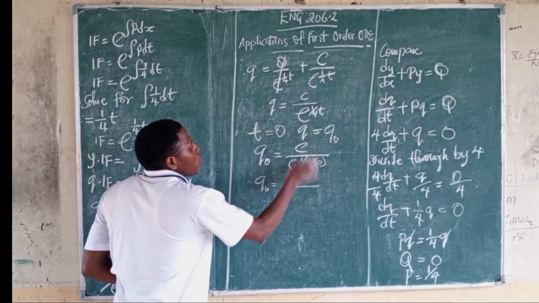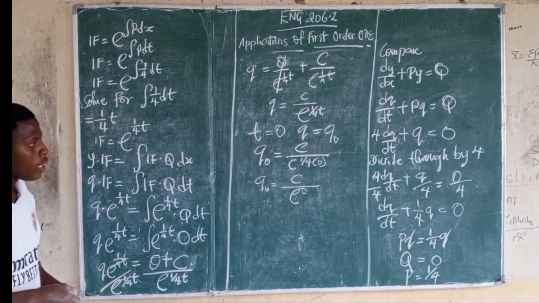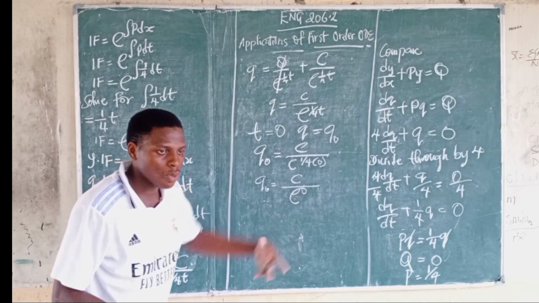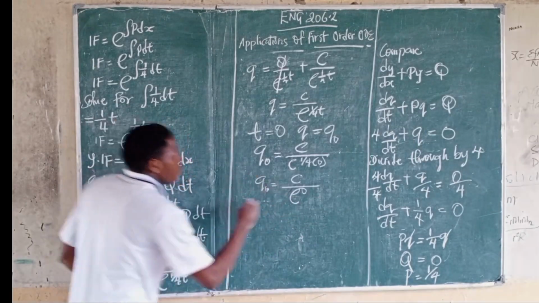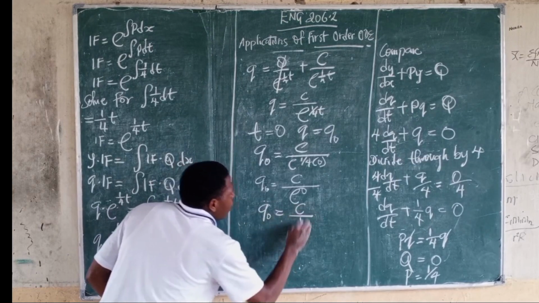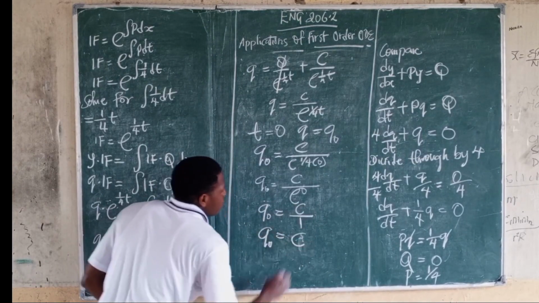Meaning 0 multiplying with what we have here, we have exponential 0. From elementary maths, we know that anything raised to the power of 0 is what? 1. So if you have that, you simply have q naught is equal to c over 1. And q naught is equal to c over 1 is c.